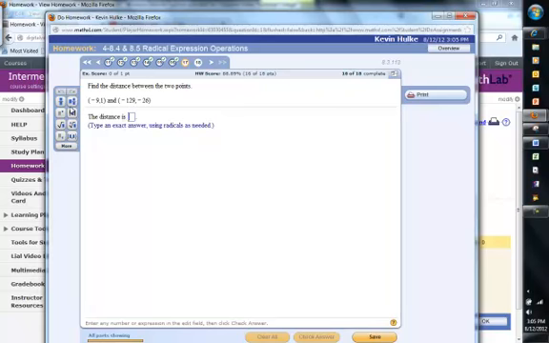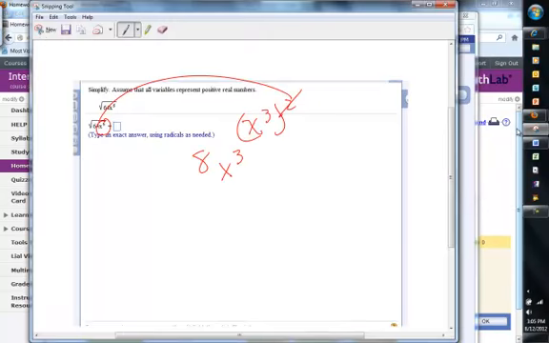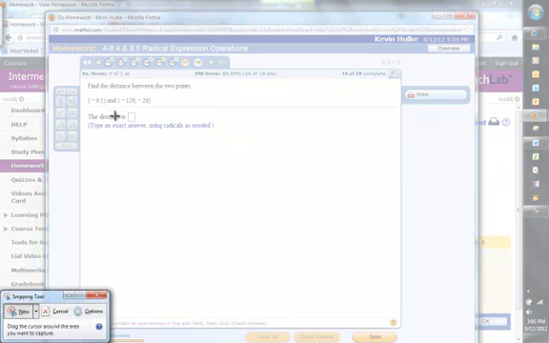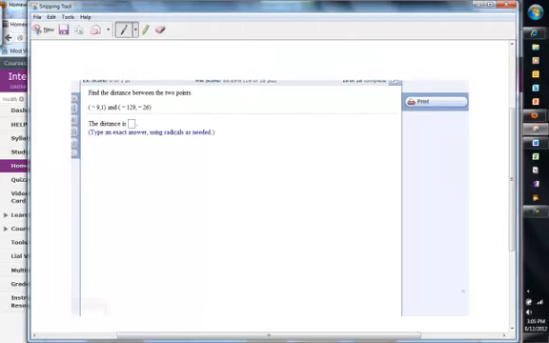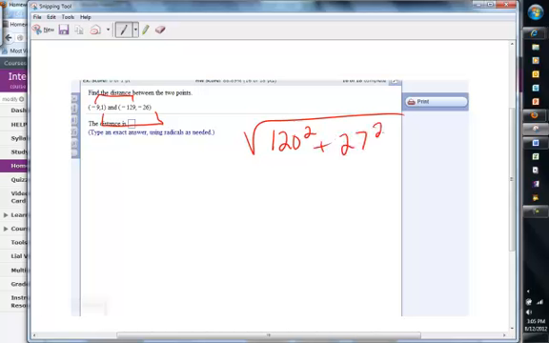Next one, find the distance between these 2 points. We've done a lot of that distance between points business, haven't we? All right. From negative 9 to negative 129 is 120 squared. From 1 to negative 26 is 27 squared.